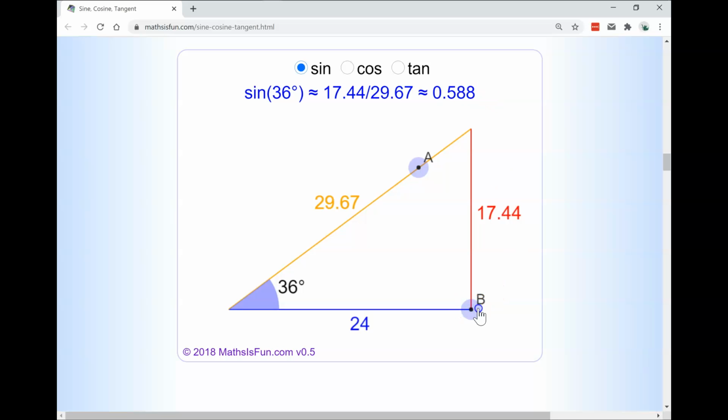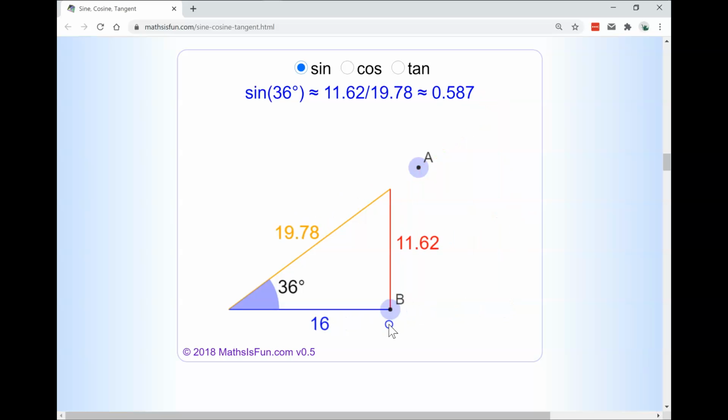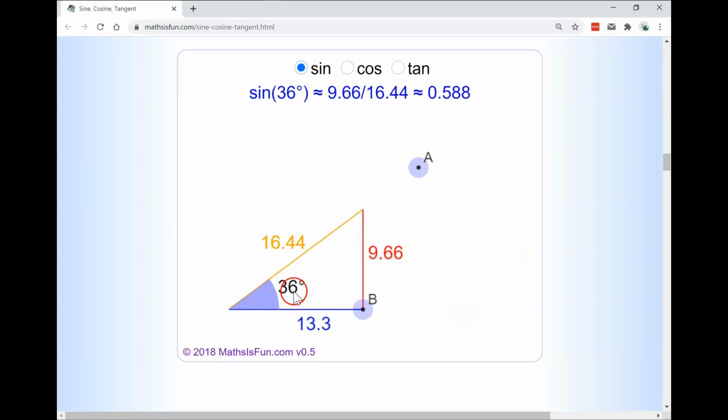So no matter how big the triangle is, if there's a 36-degree angle in it, when you divide the opposite side by the hypotenuse, you're always going to get that same number. And it'll be the same for cosine.